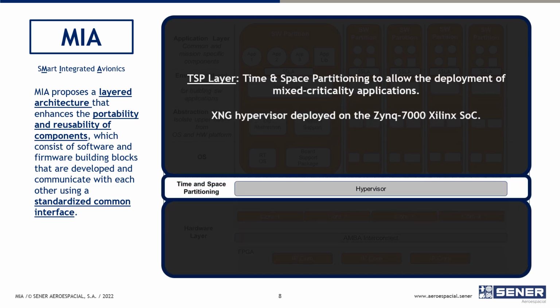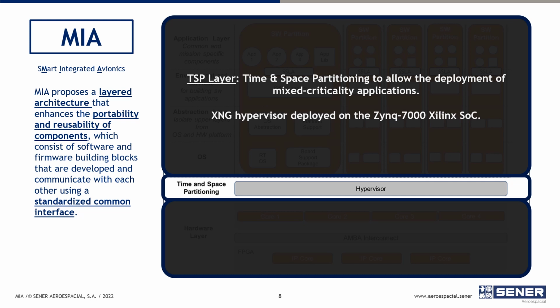On top of the hardware layer, we have the time and space partitioning layer. The main component of this layer is a hypervisor, and it is of vital importance because it allows the deployment of different partitions or virtual machines and guarantees total separation between them. This allows applications of different criticality to run on the same platform, which, remember, is a multiprocessor system on chip, so it has a great processing capacity.